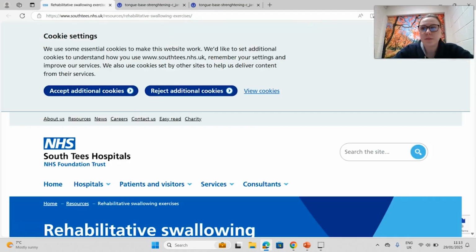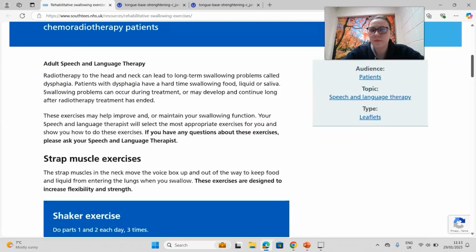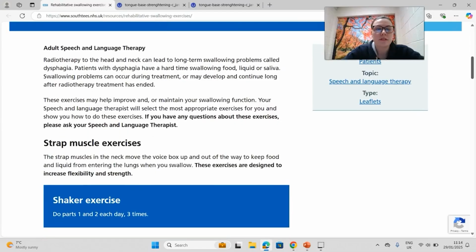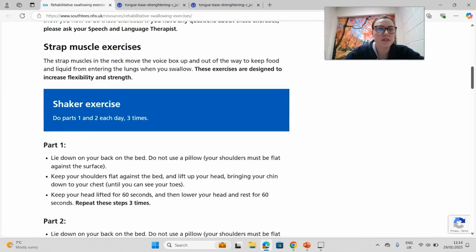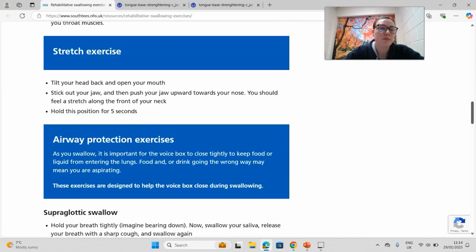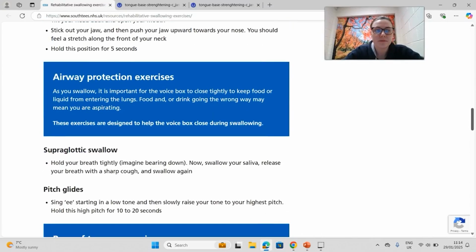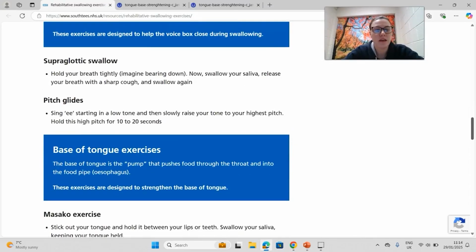Some more examples. There are different sections on this one, so it may be for working certain muscles. It may be airway protection exercises, and they give some examples of those there.